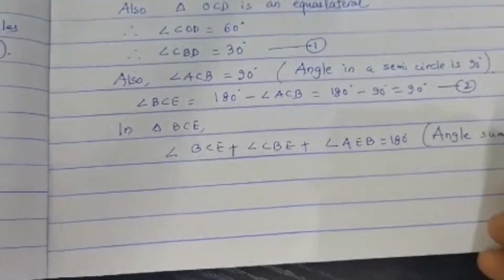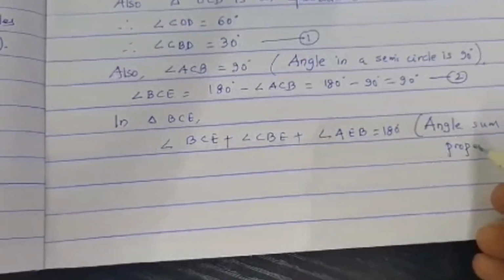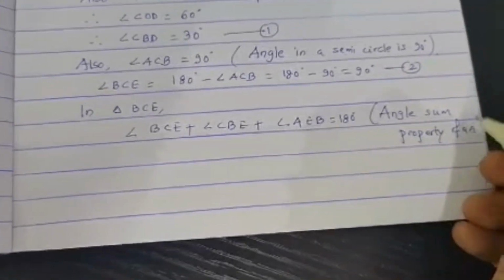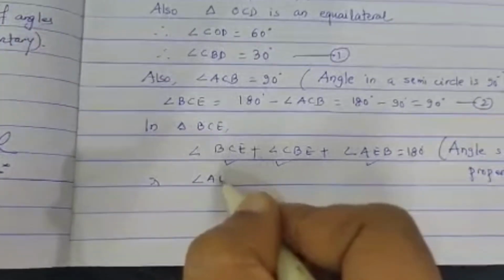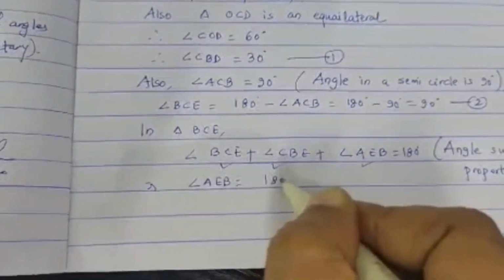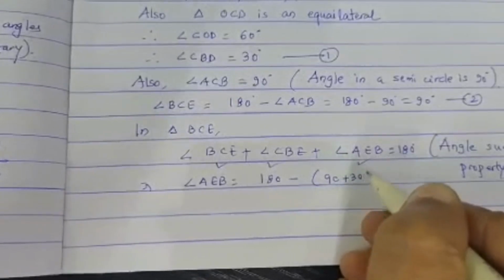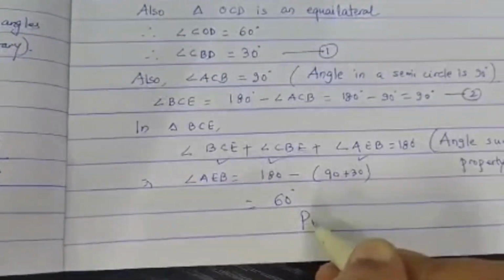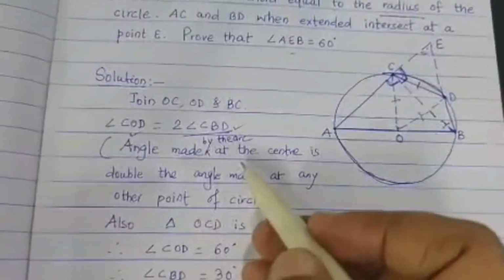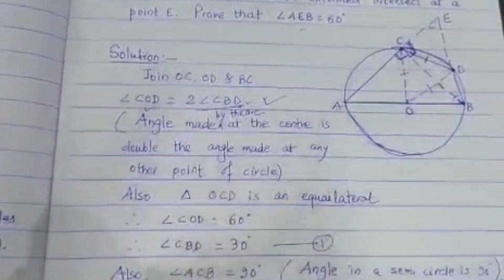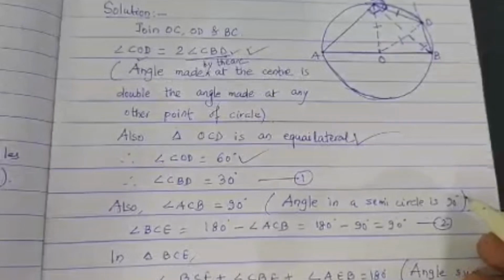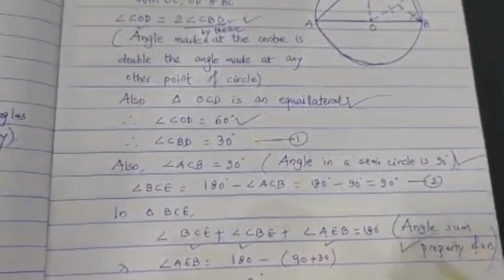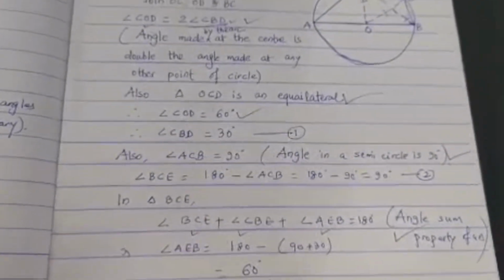So this is 90, this is 30, so angle AEB is equal to 180 minus (90 plus 30), that is equal to 60 degrees, and this is proved. All right, so you can see how many theorems we are using here. First of all, this theorem, then the equilateral triangle property, then angle in a semicircle, then the last one. So it's a very good example.